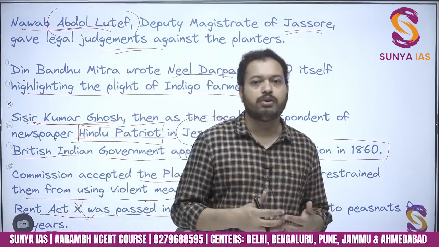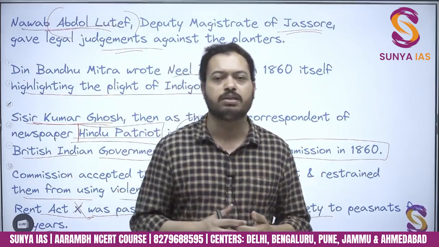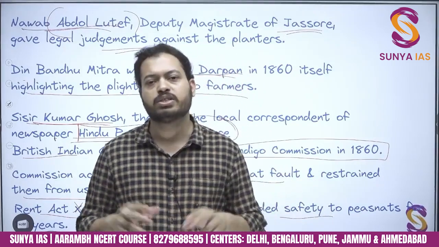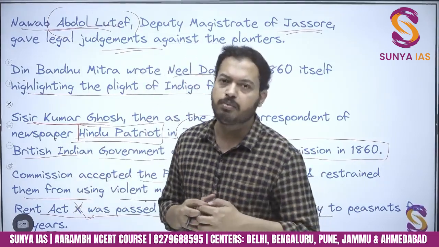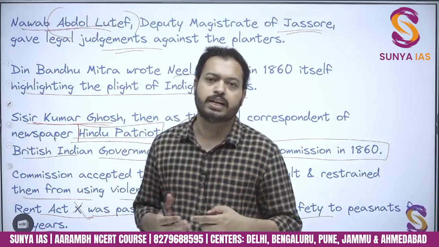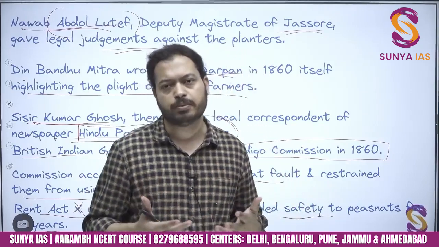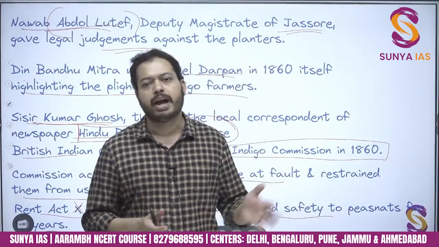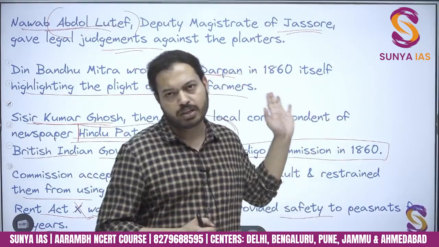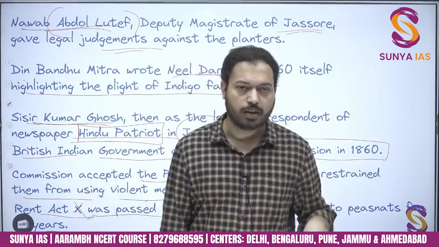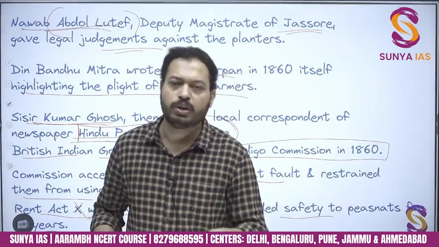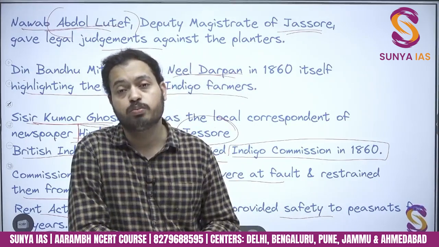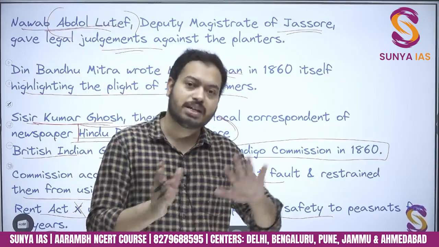Although down the line, in the 1860s and 1870s, there was a new invention in Germany because of which synthetic indigo came into being. Synthetic indigo was easy to produce and cheaper, and therefore the European market was taken over by synthetic indigo, and the indigo plantation owners who were growing indigo in India stopped producing it. Instead they started pushing Indians to produce opium after this, but that's a different story.